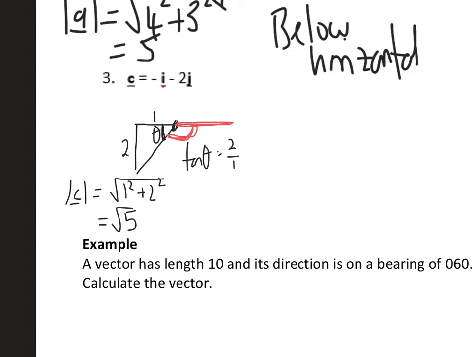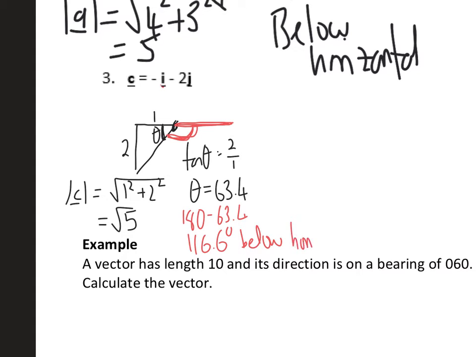So I'm going to do arctan to get that angle there. When I've called it theta, it is 63.4. And I'm going to take that away from 180. To get it's 116.6 degrees below the horizontal.